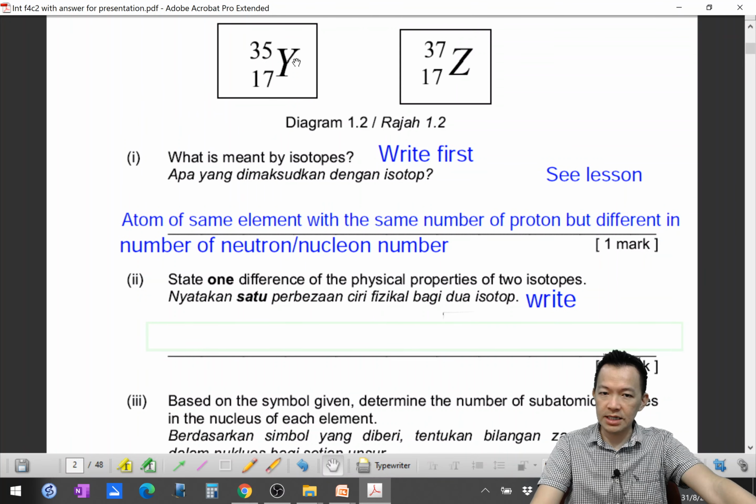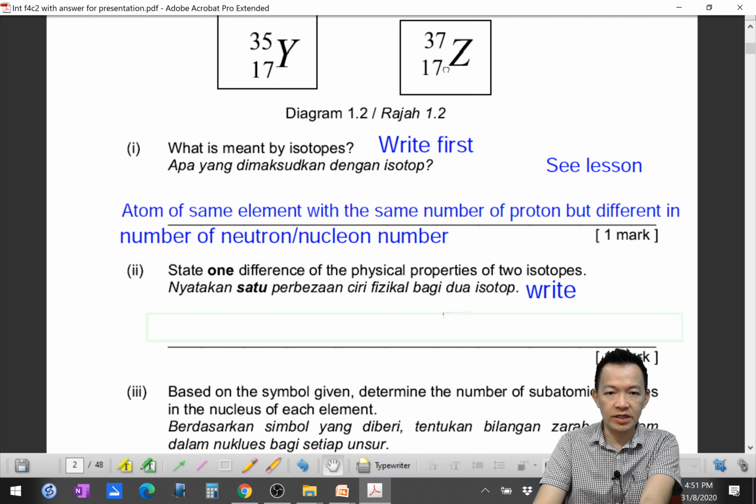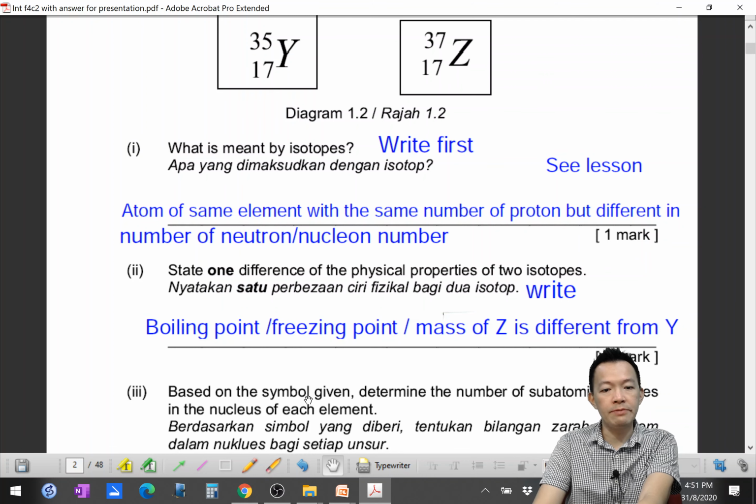So 请问这两个 isotope 它们之间有什么不一样的 physical properties 呢？如果你这个写不好，这一题大概也不会很好啦。Okay? 它们有什么东西不一样的呢？The boiling point, freezing point, melting point will be different. And the mass of the Z must be higher compared to the Y. Z 的质量肯定高过 Y, 对不对？So they are different.